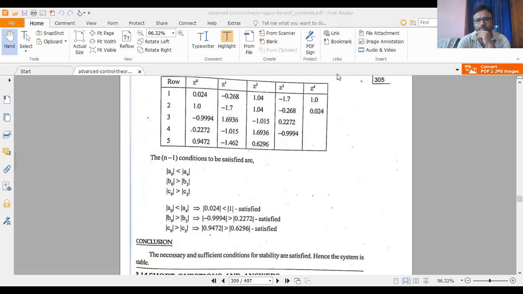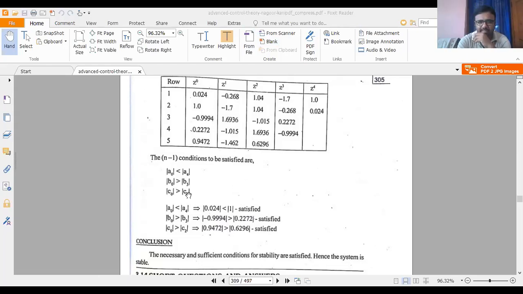Sir, a negative sign on b0? The necessary condition to be satisfied is that the modulus of b0 should be greater than b3. The modulus value is positive, so it converts the negative value to a positive value.